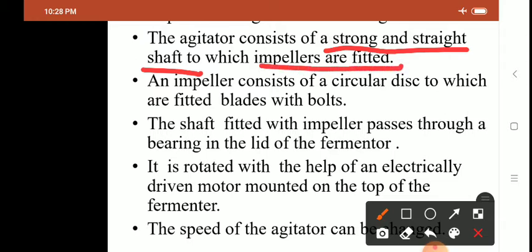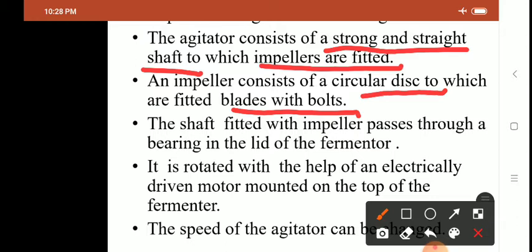All of you use a mixer grinder at home, and at the bottom you can see a blade that cuts and crushes your food item. Similarly, impellers are nothing but blades. So an agitator consists of a strong straight shaft or rod to which impeller blades are fitted. An impeller consists of a circular disc to which blades are fitted with bolts.